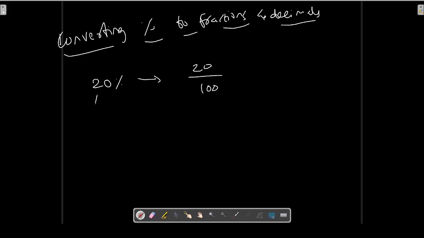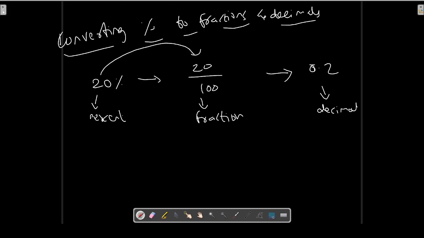So here the percentage is converted into fraction. Similarly, we can convert this into a decimal number as 0.2, because 20 by 100 is nothing but 0.2. In this way, we can convert percent into a fraction and percent into a decimal number.